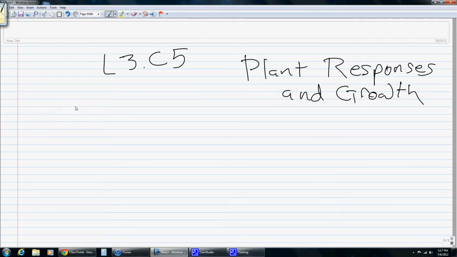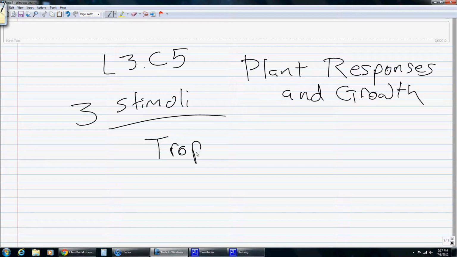Now, first we're going to be looking at three stimuli that are going to produce plant responses. The three stimuli we're going to be talking about are things called tropisms. A tropism is a plant's response toward or away from a stimulus.